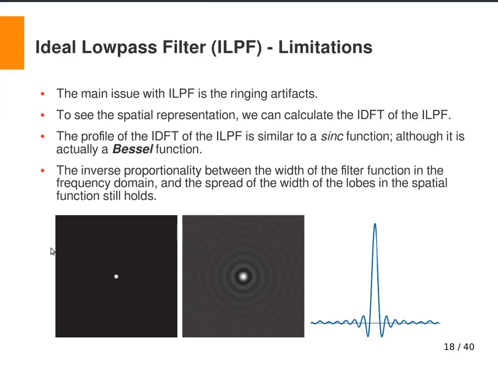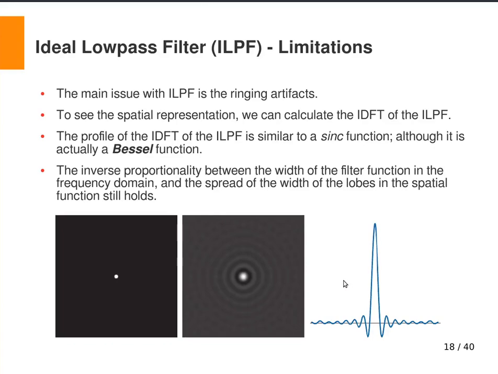So to see the spatial representation, we can calculate the inverse discrete Fourier transform of the ideal low pass filter. So here on the left we see the ideal low pass filter in the frequency domain, and this is the result of applying the inverse discrete Fourier transform. As you can see, we have basically a ripple effect.